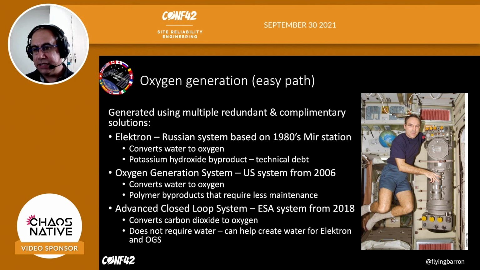So we actually see here a progression of starting off with a system that we know works but has technical debt, another system which improves on it, and a third system which is now eliminating the technical debt completely, not solving the problem by creating a better or simpler byproduct, but completely changing the mechanism that they use to create oxygen, which means that not only will the problem be solved more easily, but it won't come up in the first place.